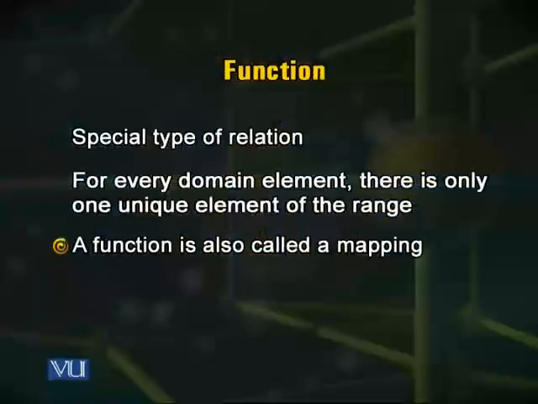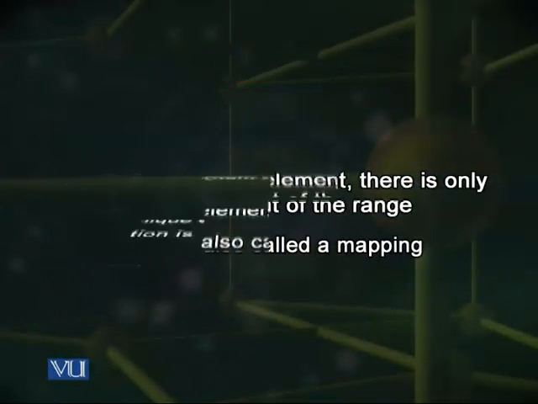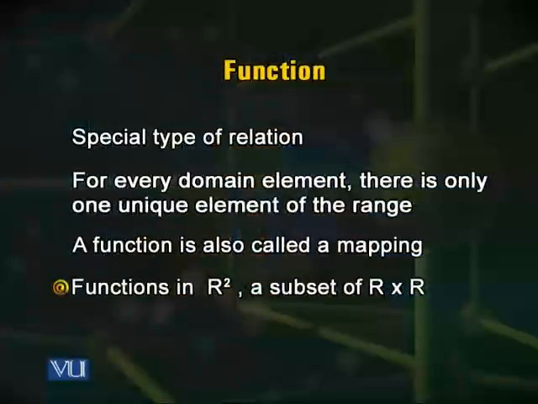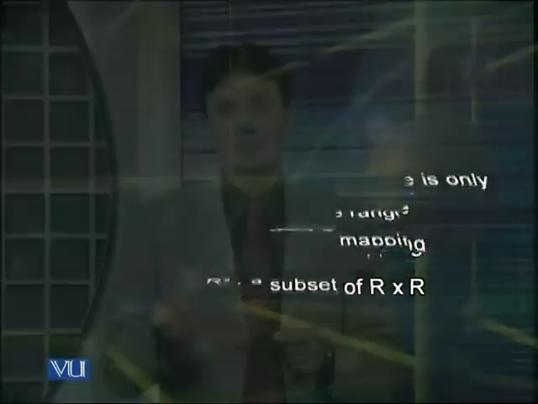Because domain elements get mapped to range elements, functions are also called mappings. Because if you know the domain element, you use this mapping to get the range element that is associated with this domain element. Functions are also represented by equations. If the mapping follows a certain mathematical rule, then this rule can be written down as an equation, and this equation defines the relationship between the domain element and the range element.